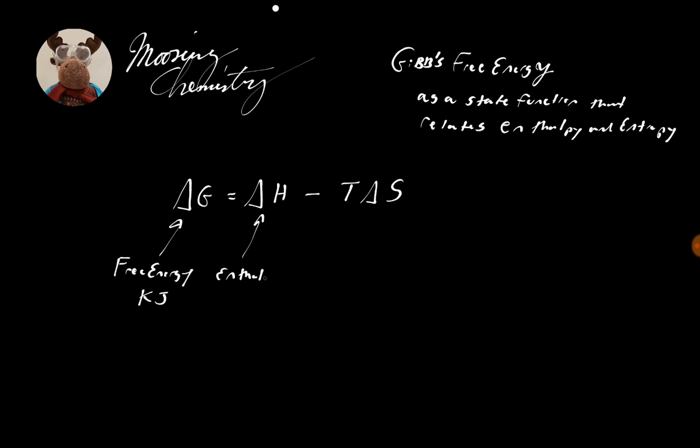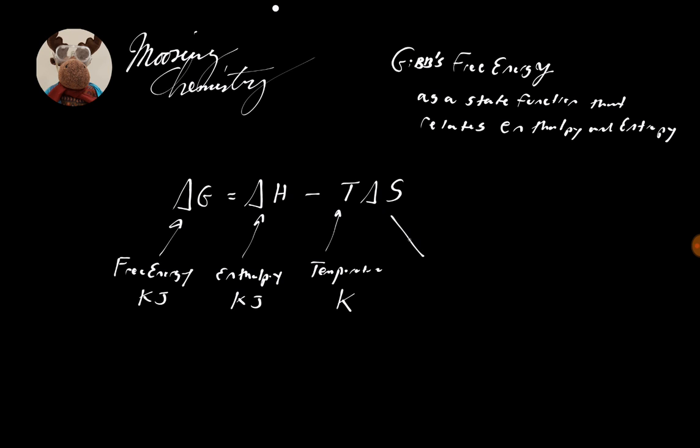And remember what we said about enthalpy. Enthalpy is the heat that is evolved or absorbed in the reaction, so that's also measured in kilojoules. T is our temperature component, and our temperature is measured in Kelvin.